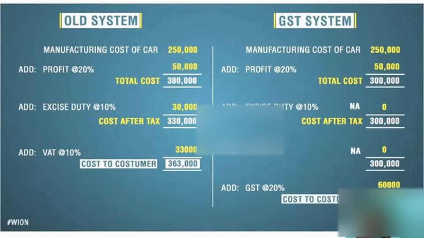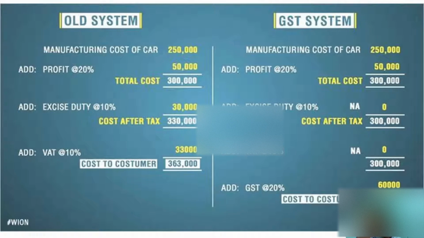Now this car has a value of 3 lakh rupees, and that is being sold. On your sales, you'll have to pay excise duty, and that is charged at 10%. 10% on 3 lakh is 30,000.